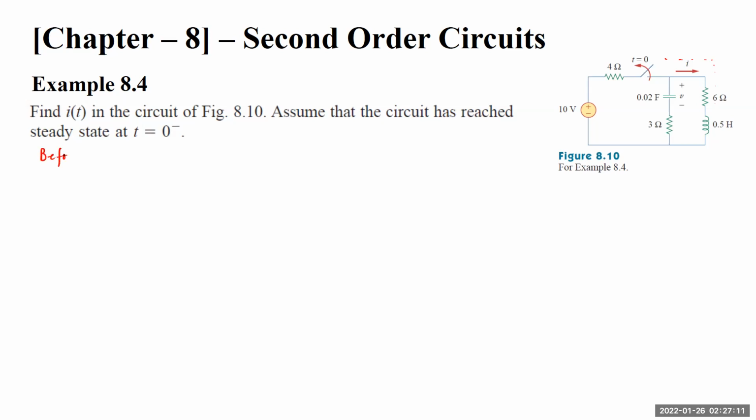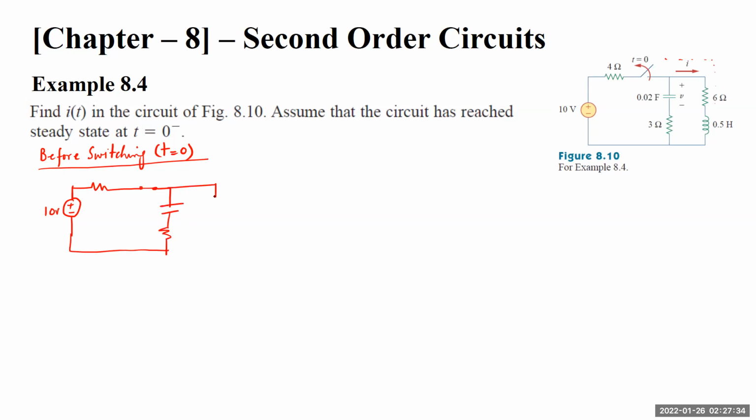Before switching, or at time t equals 0 negative, the circuit looks something like this. This is the 10 volt source, this is the resistance, and the switch is closed. This is our switch, this is the capacitor, this is a resistor, this is again a resistor, and this is an inductor.